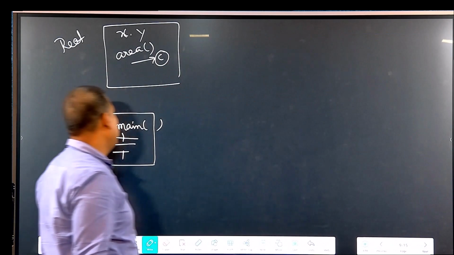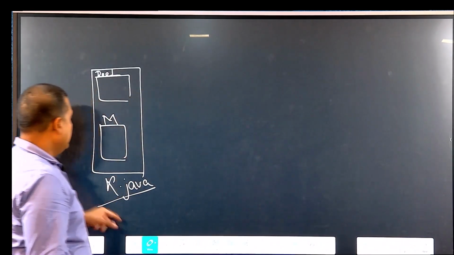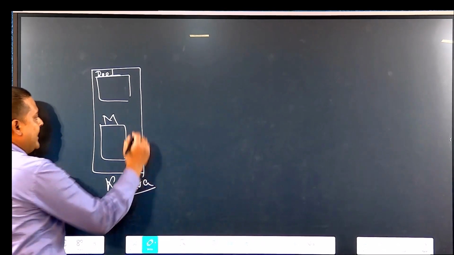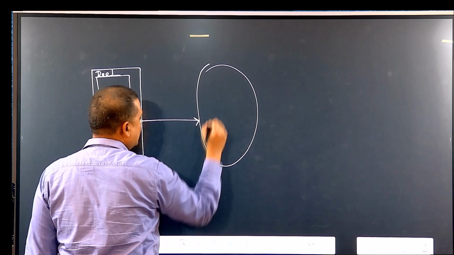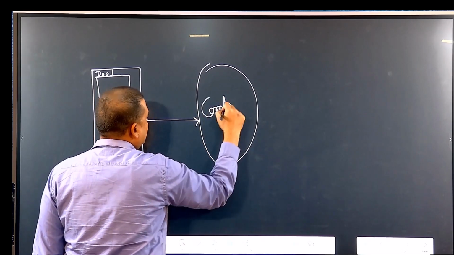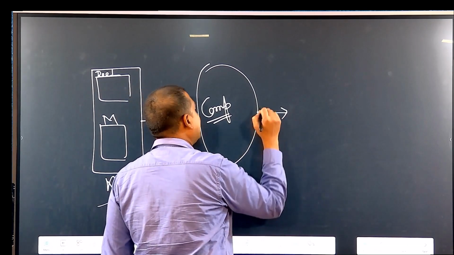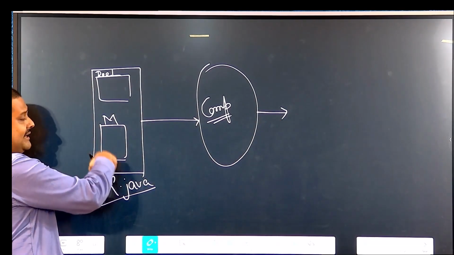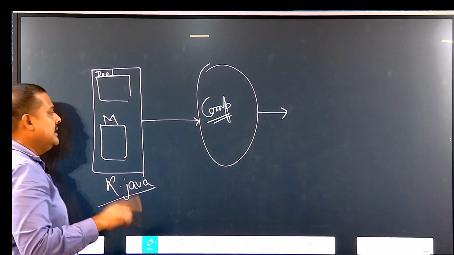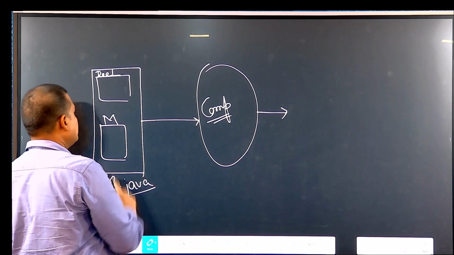So, this is the scenario. K.java. Now, if I compile this code, what will happen? If it is correctly written, the compiler will create the bytecodes.